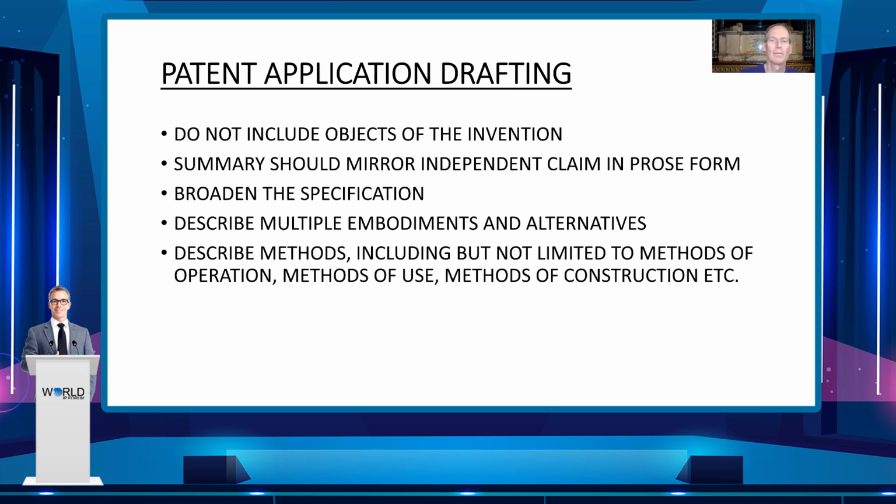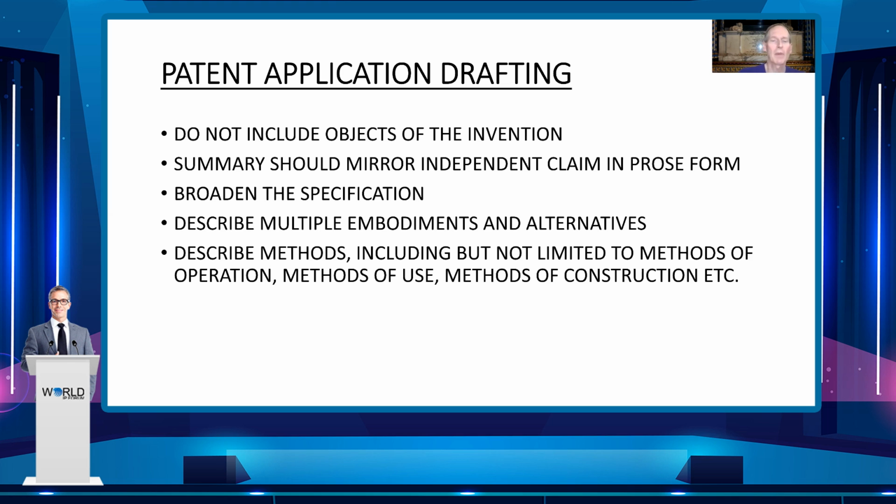In the summary, you want to include something that mirrors the independent claim in prose form. Why? Well, that way you're not going to be able to limit the claims of the patent by what's in the summary, because they're the same, in different language forms.